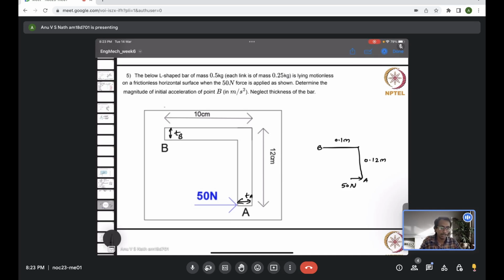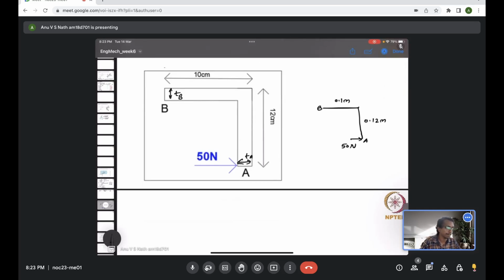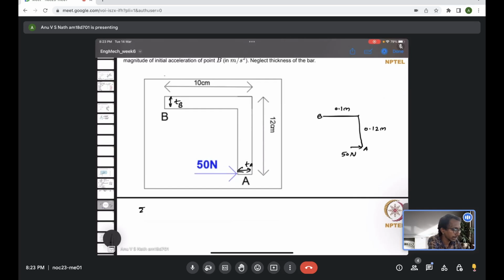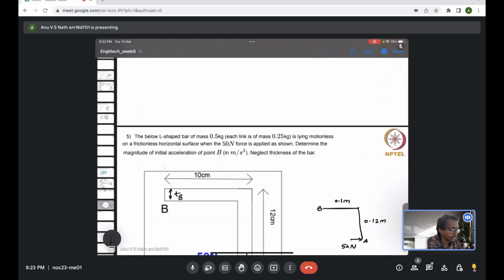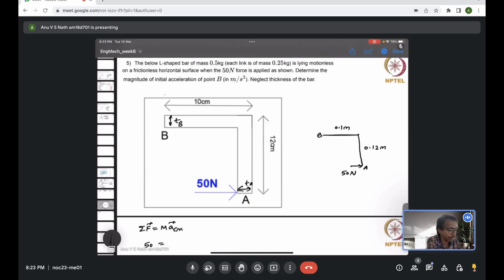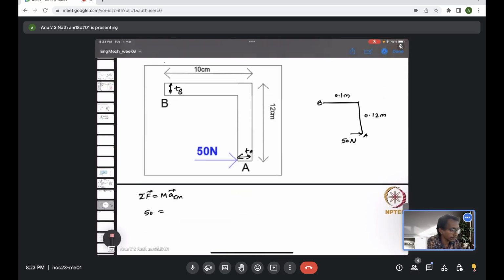So now we just try to write the force balance equation. The net force acting is equal to the total mass times the acceleration of the center of mass. So you see there is a 50 Newton acting in the x direction. Should be mass times. The mass of the body, you can see it's 0.5 kilogram, right? So it's 0.5 kilogram times the acceleration in the horizontal direction.